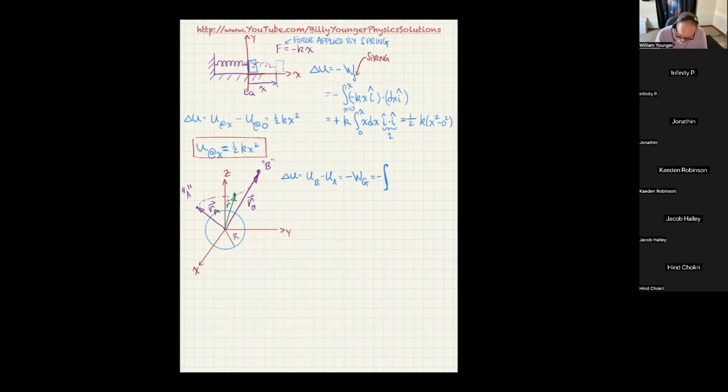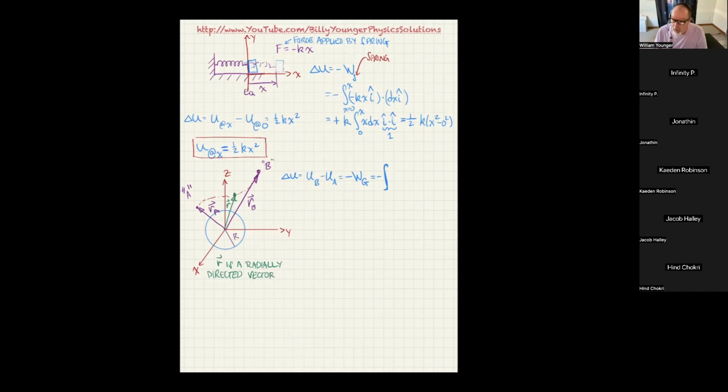So R is a radially directed vector. And we already have some symbols that we use in the physics, math, and engineering world associated with a radially directed vector.